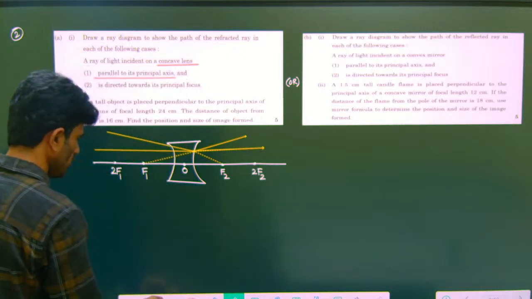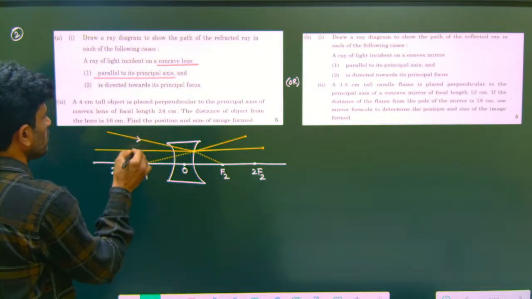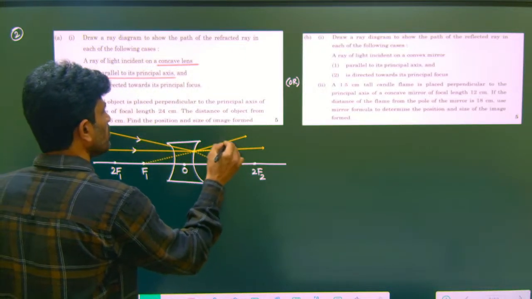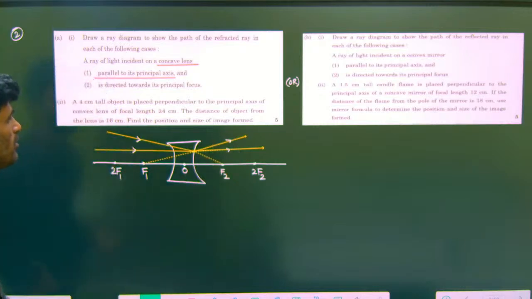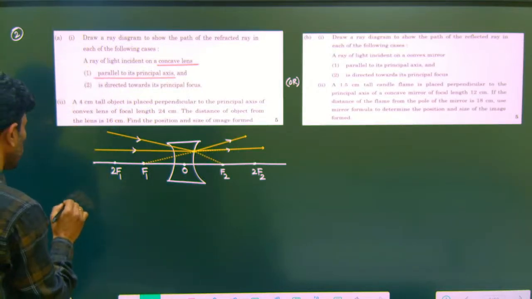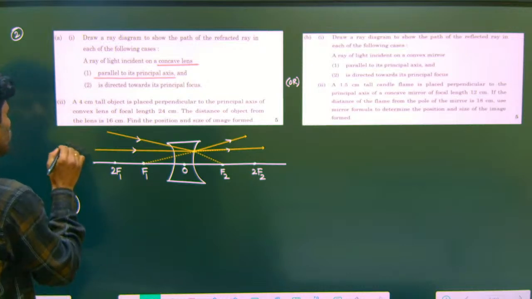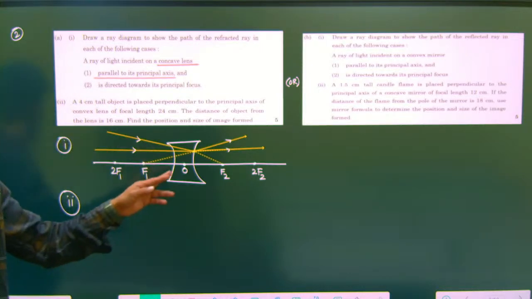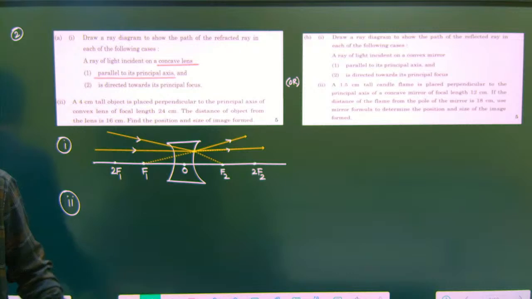So this is what incident and refracted rays you have to draw like this. This is the first question answer, and the second question is about a numerical. You can draw these two separately. I have drawn it as a single diagram. You can draw it as a single.